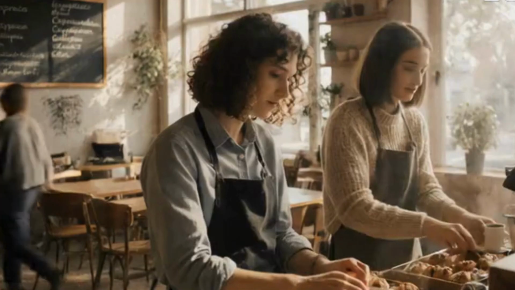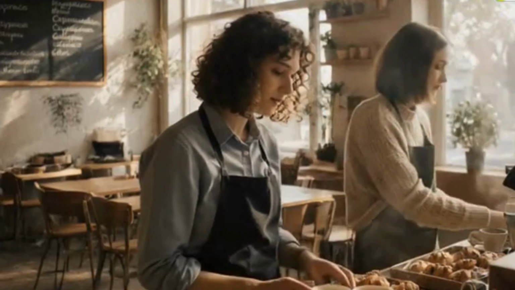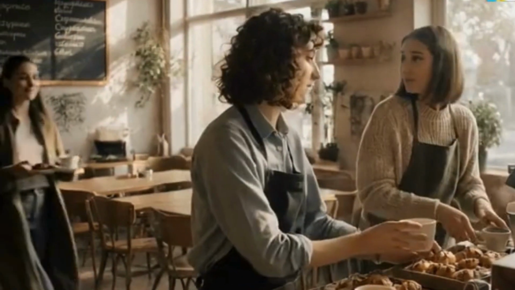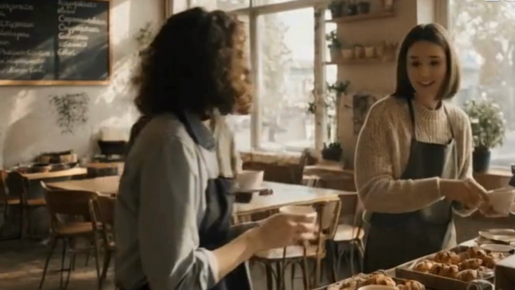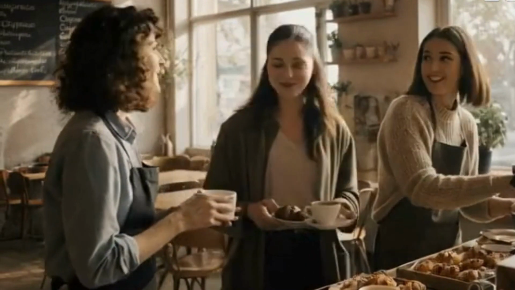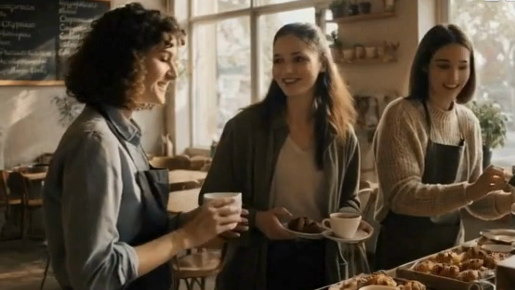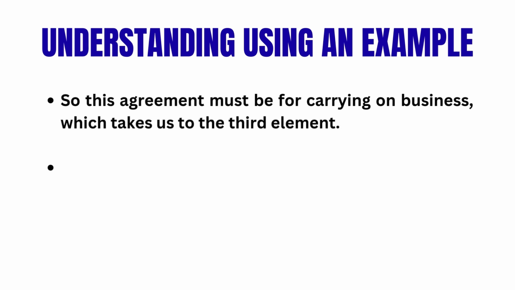Now let's say two friends start running a cafe together. They never sign any document, but both invest money, both manage operations, both are sharing the profits. Here in this case, partnership exists due to implied agreement. This agreement must be for carrying on business, which takes us to the third element.